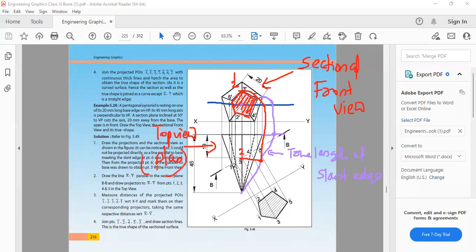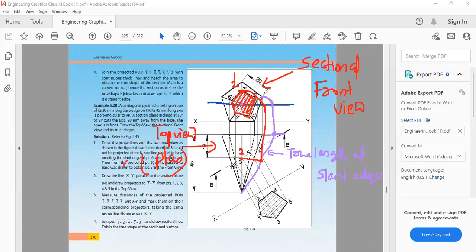In the question you can check the last sentence: draw the top view, so this is my top view, and the sectional front view. Front view with the section is called a sectional front view.